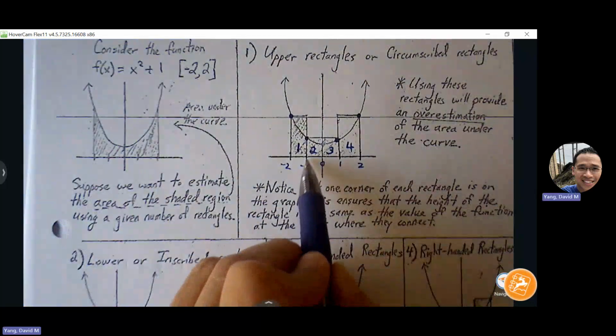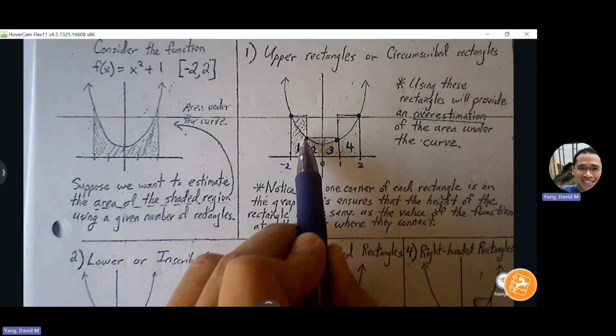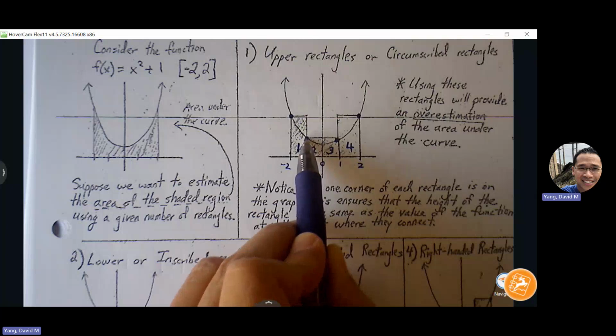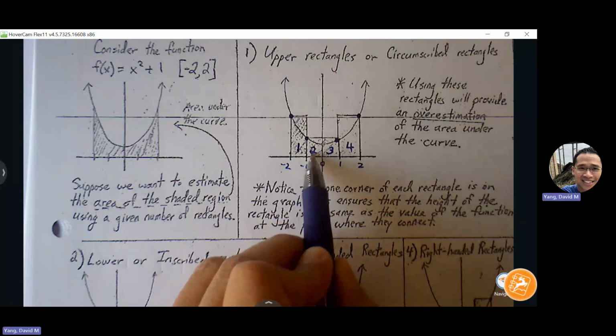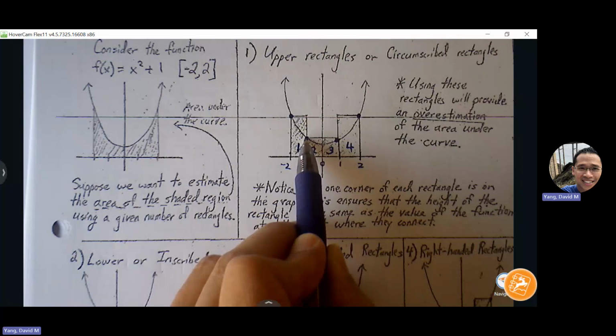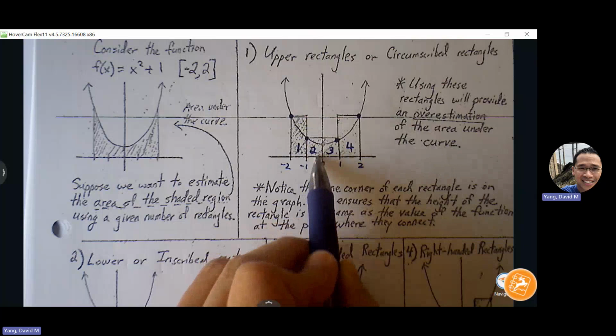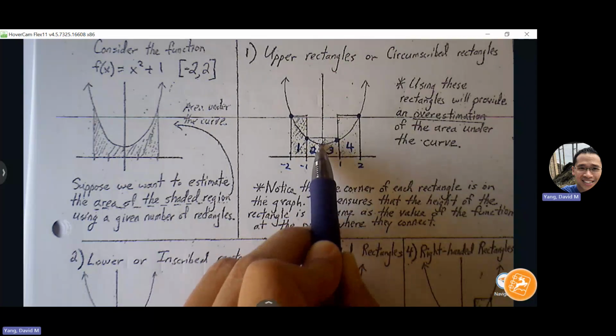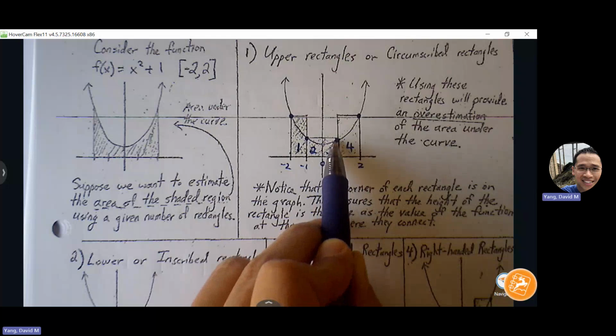Between the height at -1 versus the height at 0, -1 has the higher y value. So that's why the second rectangle is going to attach itself to the left, to the graph at -1. And then for the third region, we see that 0 and 1, 1 has a higher y value.